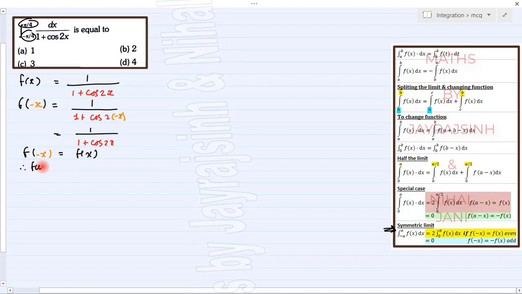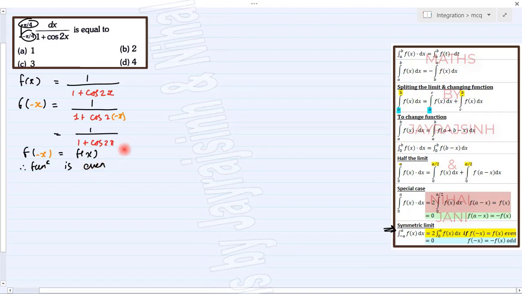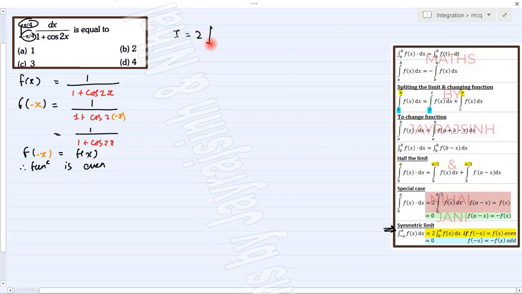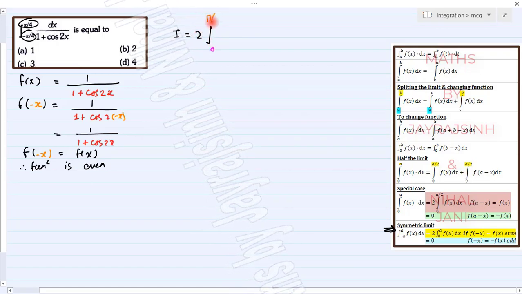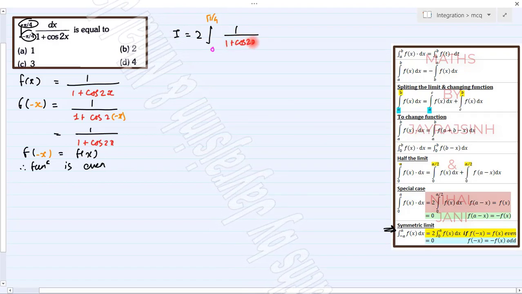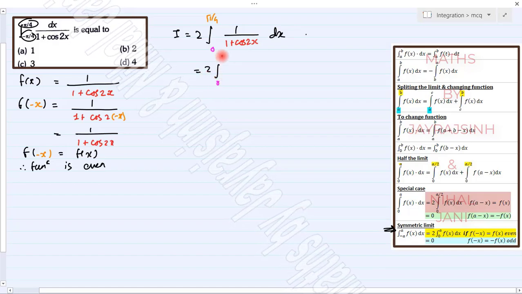So your function is even. So we can say your integration will be 2 times the integral from 0 to pi by 4 of 1 upon 1 plus cos 2x. Now, before we go for integration, let's simplify.